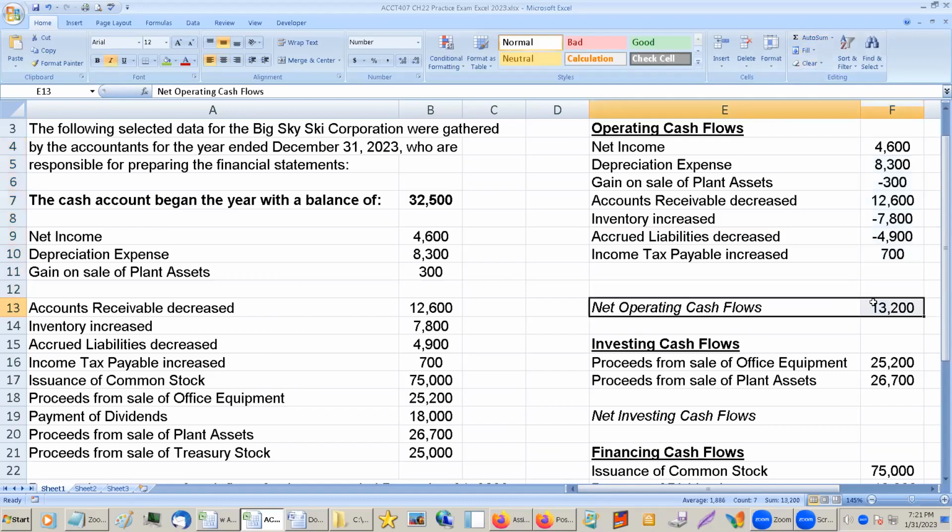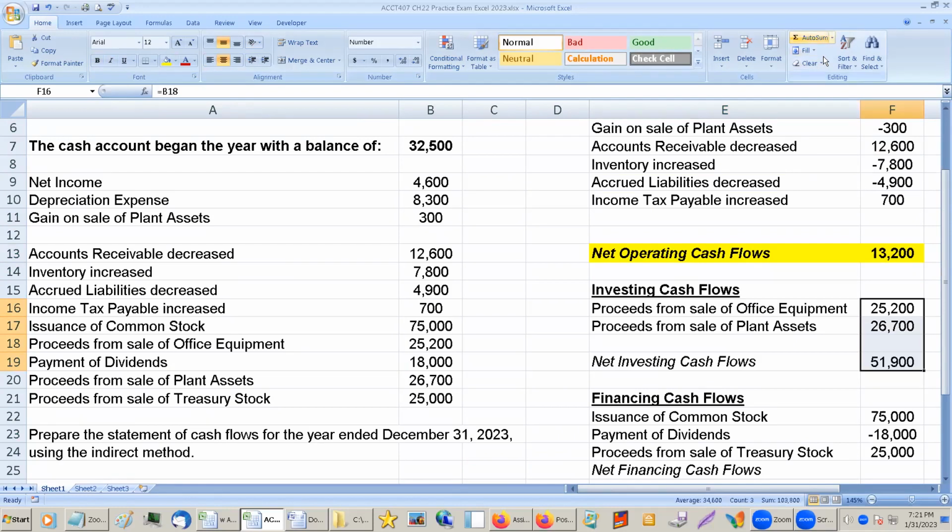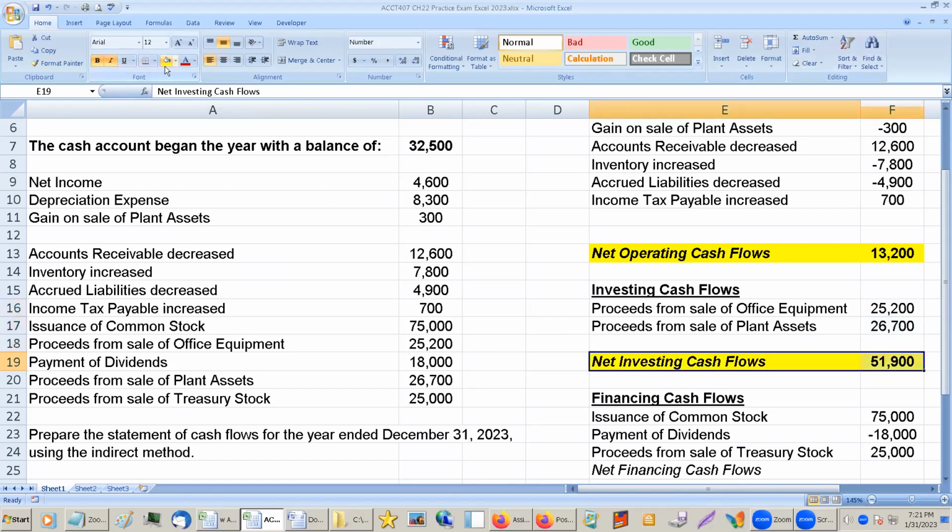So operating cash flow, let me build this. By the way, this is a company that's shrinking. If you're wondering how to use this thing, usually you want this investing cash flow to be negative. This is positive.